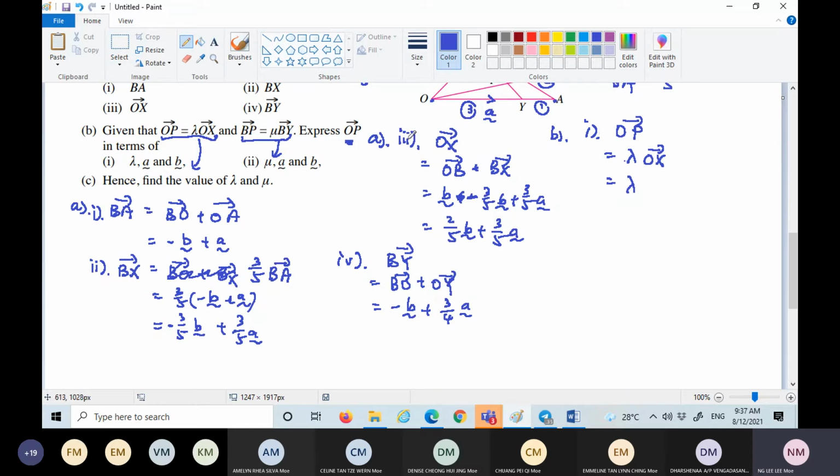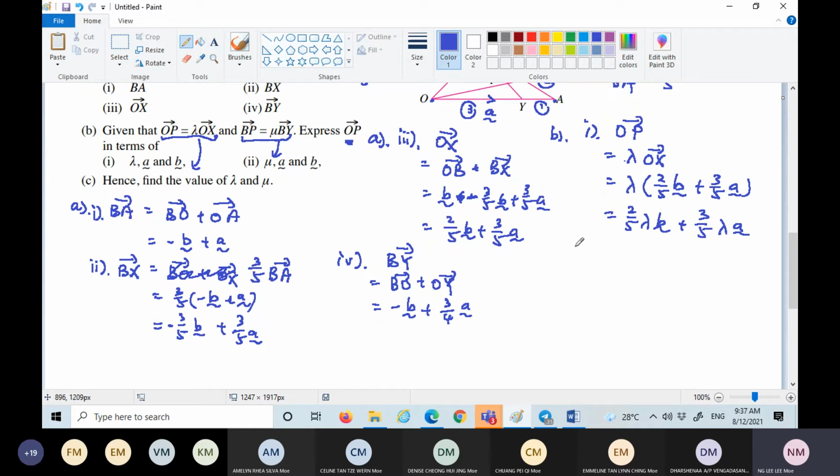Yes, here, part A, part 3. OX is there, so just put it inside. Better for you to expand, because after that you're going to compare.